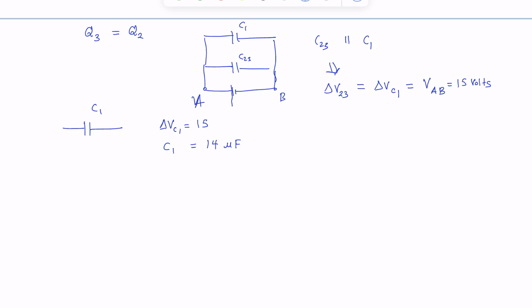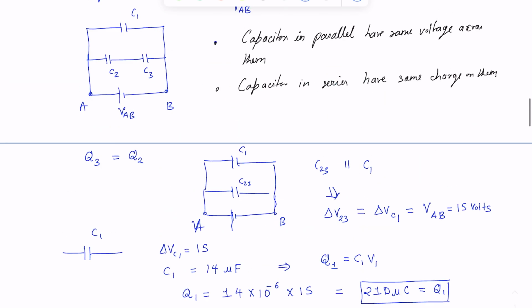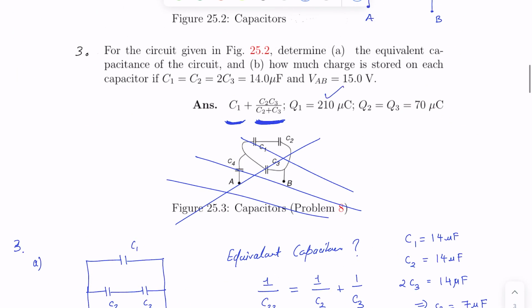Using the equation Q equals CV, Q1 equals C1 times V1, I can figure out the charge on this capacitor: 14 times 10 to the minus 6 times 15. If you do the math, you should get 210 microcoulombs as the charge on this capacitor. That's what we have here.